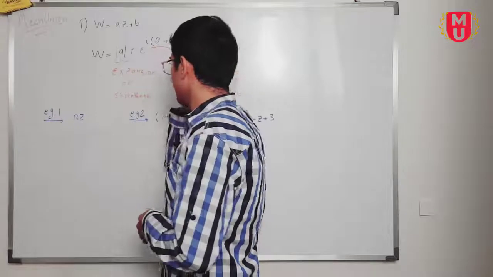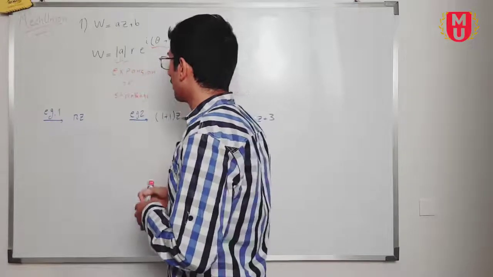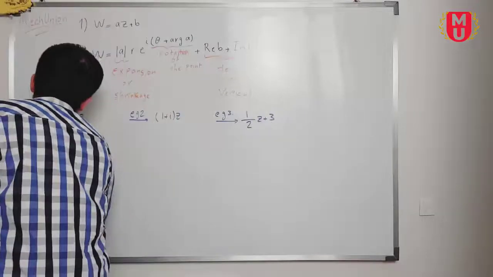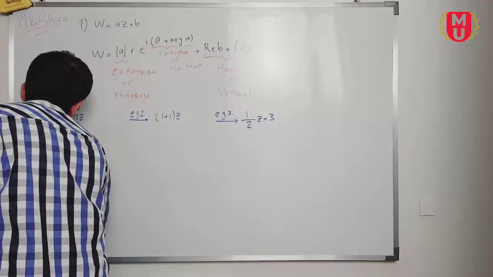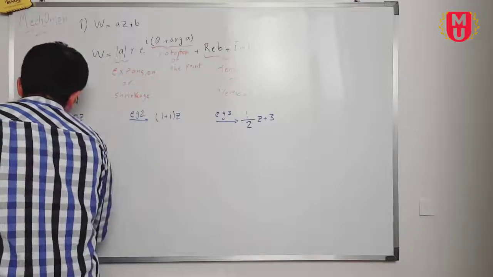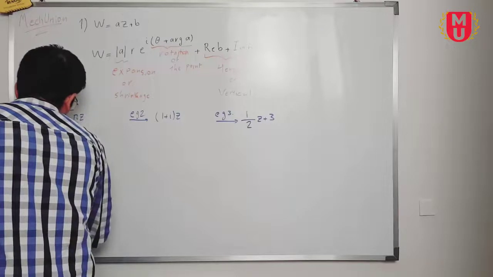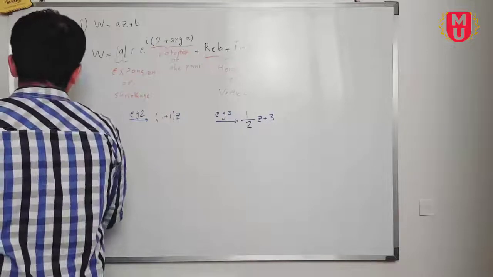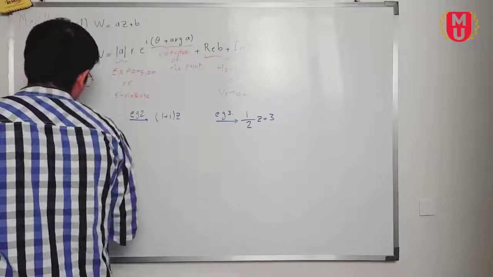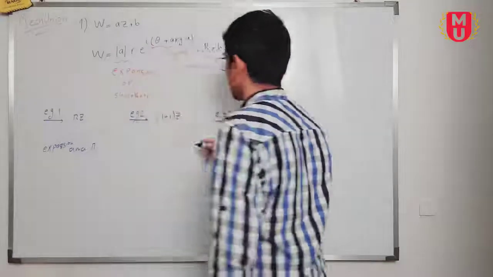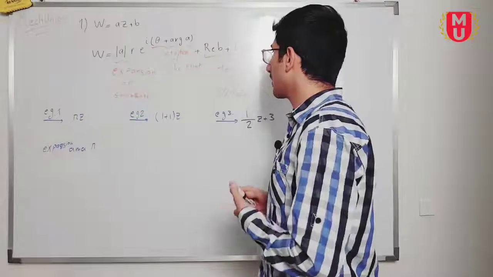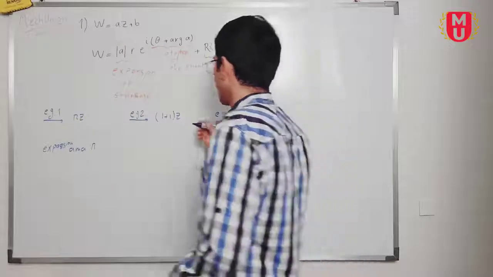As it is bigger than 1, we will have an expansion of the points of the region as much as pi. For the second one, I have brought 1 plus i times z.